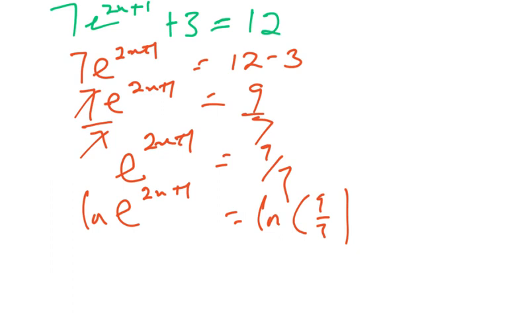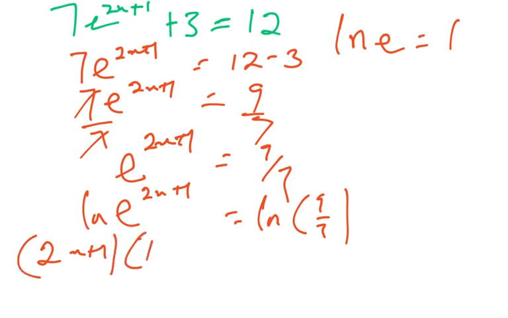Now, we know that the natural log of e here is equal to 1. So we are going to get 2x plus 1 in brackets, multiplying the natural log of e, is equal to the natural log of 9 on 7 here.